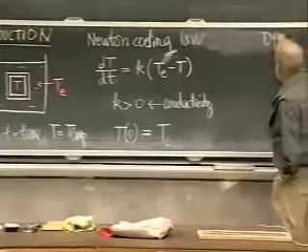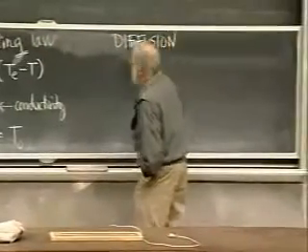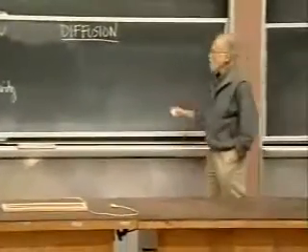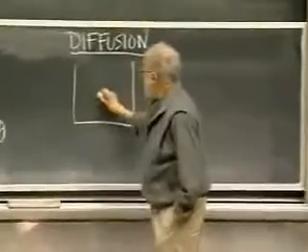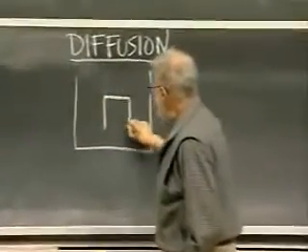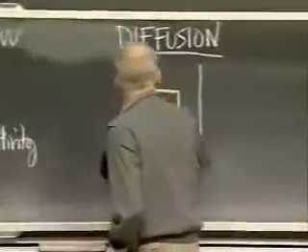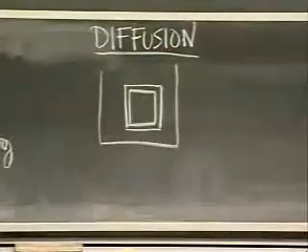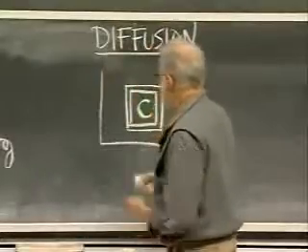What would the diffusion model be? The diffusion model mathematically would be word for word the same. The only difference is that now what I imagine is, I'll draw the picture the same way, except now I'm going to label the inside not with a T but with a C. C for concentration.